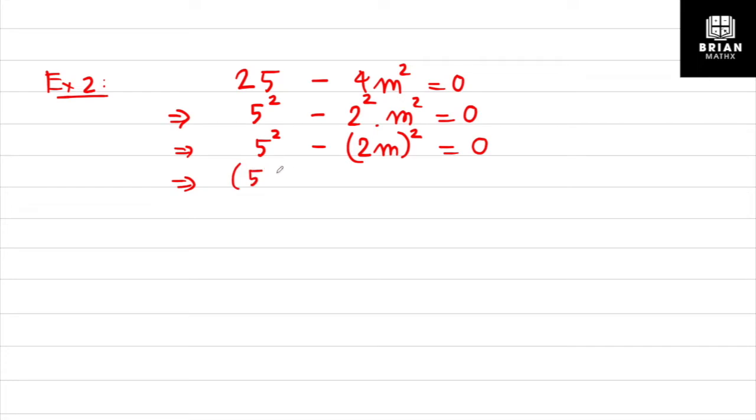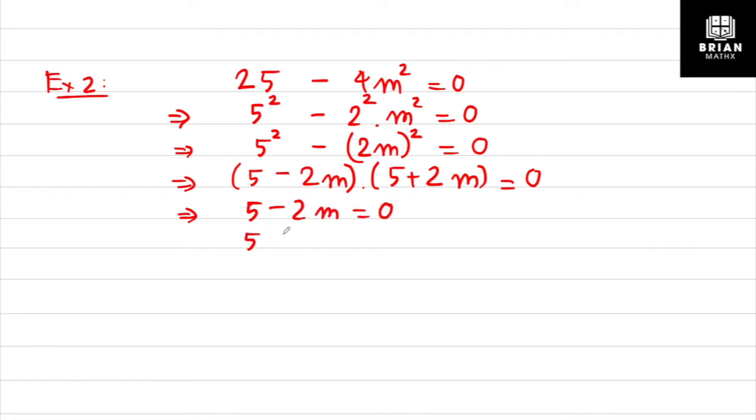The first bracket, 5 minus 2m, and the second bracket, 5 plus 2m, equal to 0. So this equation becomes factorized form, and I will put each bracket equal to 0. The first bracket equal to 0, and the second bracket equal to 0, using the square bracket in this position.